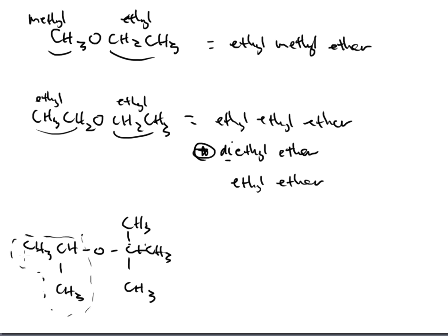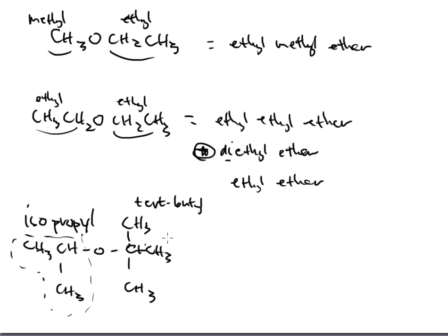I see that L group right there, so this L group is an iso group, and there are 3 carbons in total, so this is going to be called an isopropyl. And then over here to the right-hand side, this carbon is attached to 3 others, so this is a tertiary carbon. The common name for this is a tert, and there are 4 carbons in total, so it's going to be called a tert-butyl. So I've got a tert-butyl and an isopropyl.